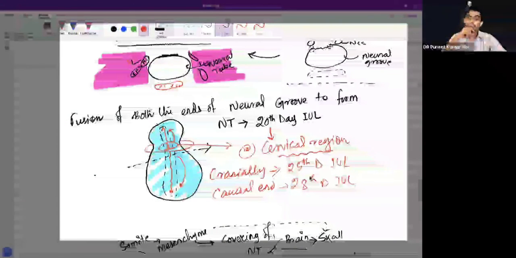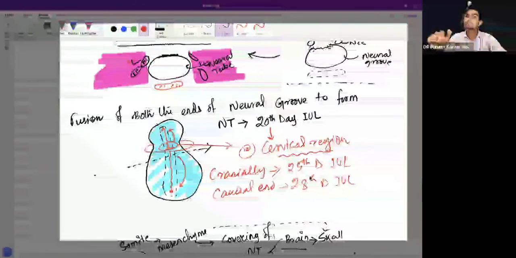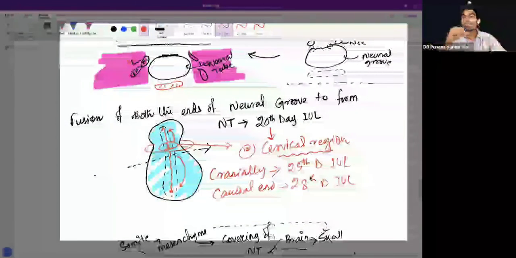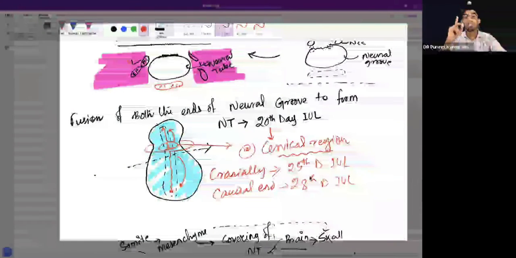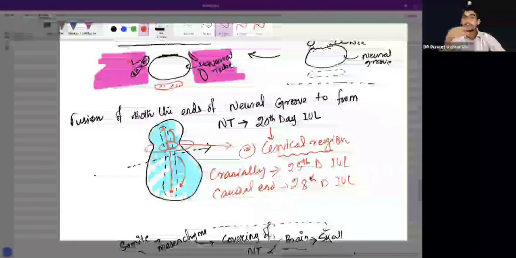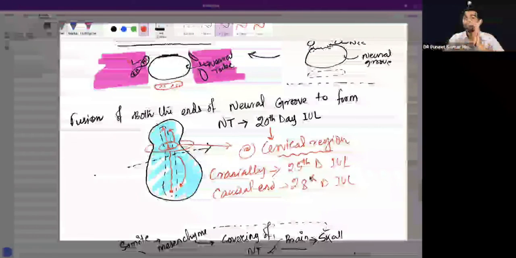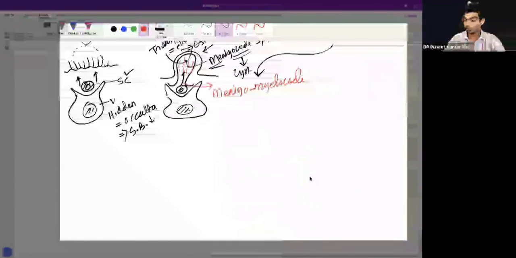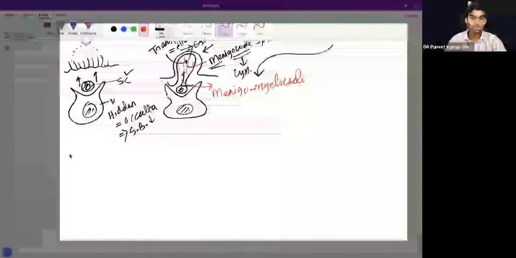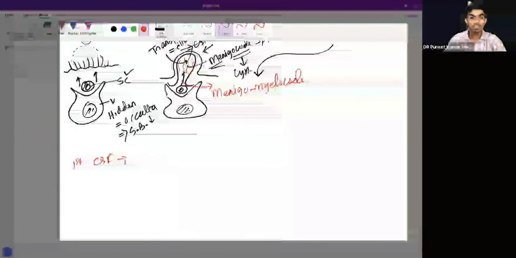Within the central cavity and the ventricles, there's a fluid called the CSF, cerebrospinal fluid. So the past cerebrospinal fluid is the amniotic fluid, which is taken by the neural groove while invaginating into the mesoderm. Okay, so the past CSF is your amniotic fluid.